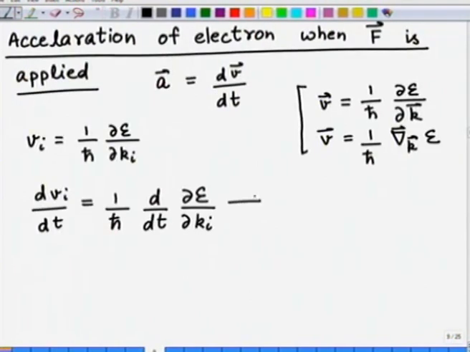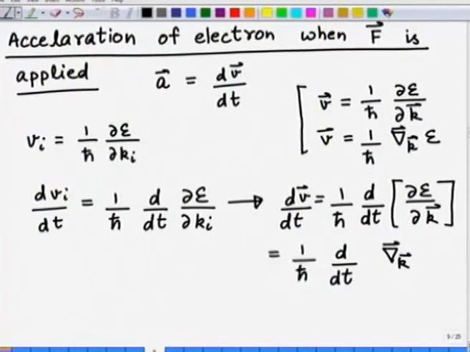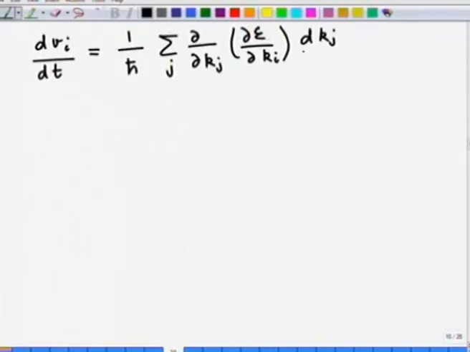If you want, I can write this in vector form: dv dt is 1 over h bar d dt of del E by del k, and I should write simultaneously with this a dk_j dt.